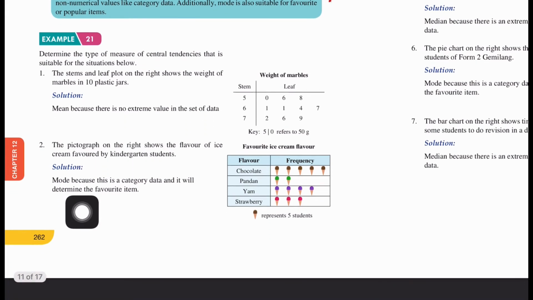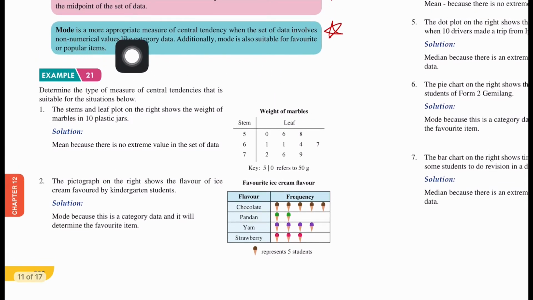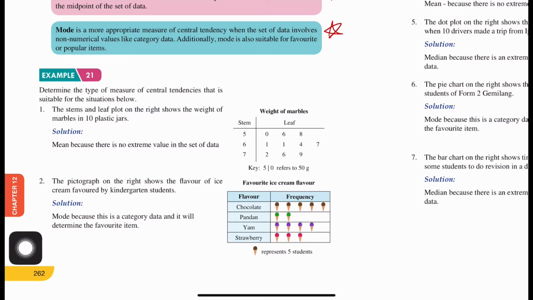Next, the pictograph on the right shows the flavor of ice cream favoured by kindergarten students. Ni kita punya favourite ice cream flavour. Macam tadi dia dah kata, mode is appropriate kalau ada favourite or popular items. So the second data ni menggunakan mode because this is a category data and it will determine the favourite item.